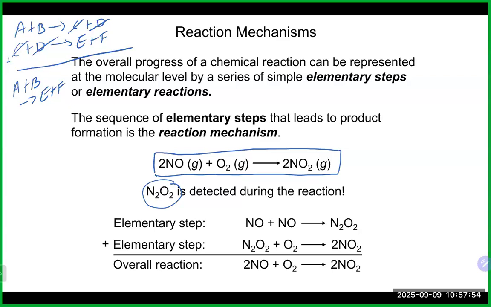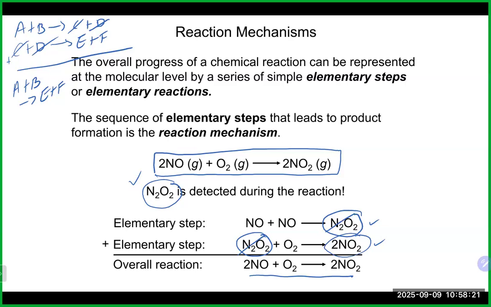And a possible explanation of why we see that happen is these two reactions here. Maybe it occurs in this sort of process where the NOs come together to make that N2O2, which would explain why we detect it. And then that N2O2 gets used up by the end of the reaction and is not present, and it cancels out when you add them together, basically.